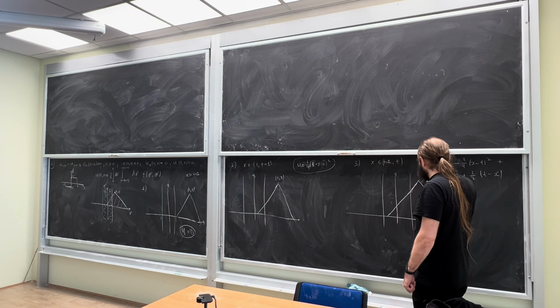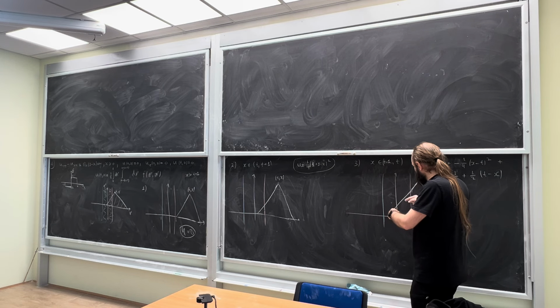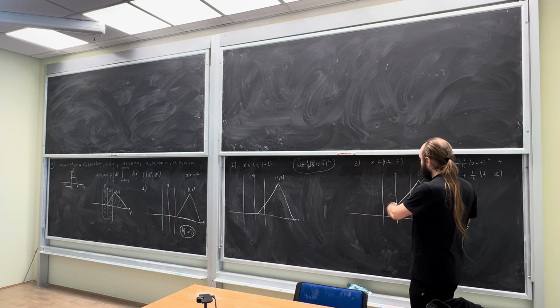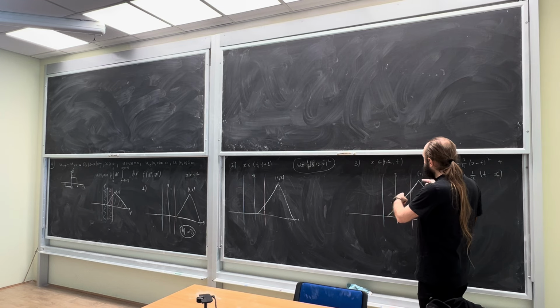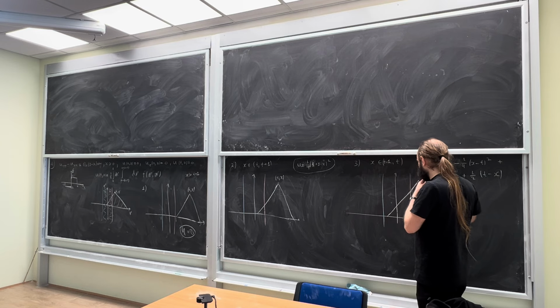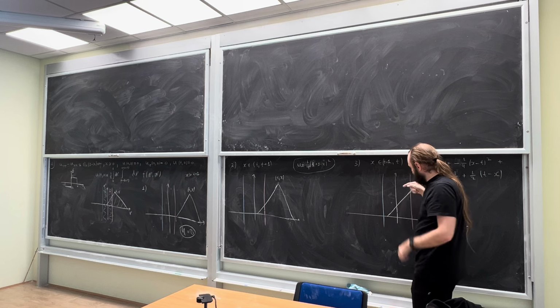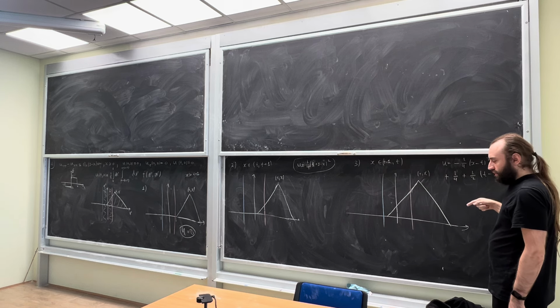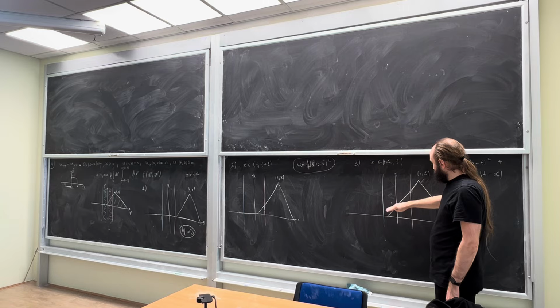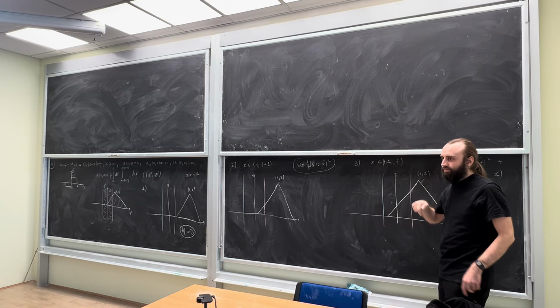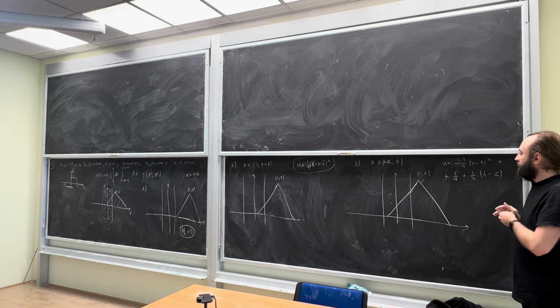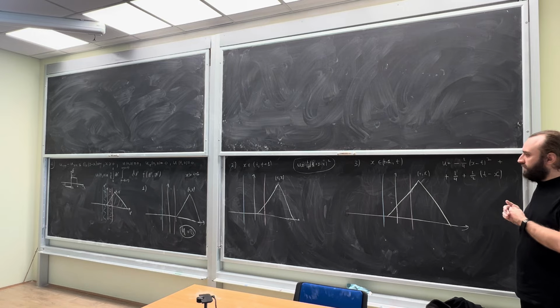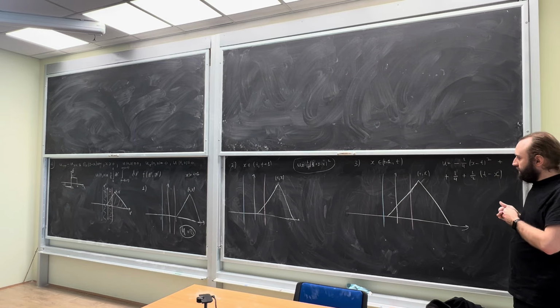Now, when we go to this region from x equals t minus 1 to x equals 1, we just have a constant function, because the area of this part increases with the same rate as this part. You mean in the case where x is less than t minus 1?